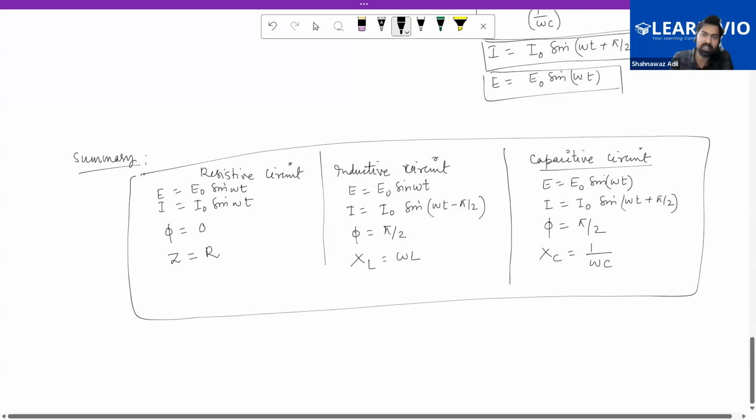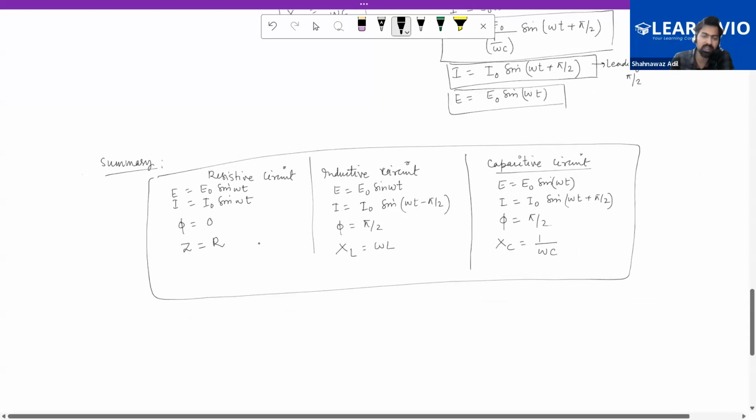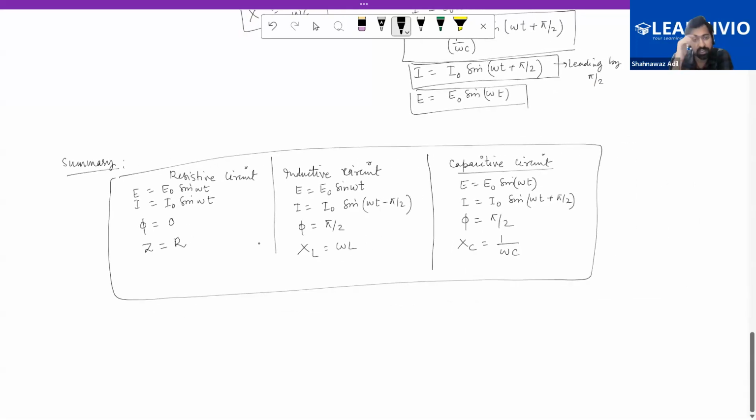And now we will combine this. So just quickly note down this thing, guys, and then we will talk about the combination of these circuits. Whenever you have noted, just give me a sign. Only this you have to remember. No derivation is required. If you remember these things, then you can solve the questions.